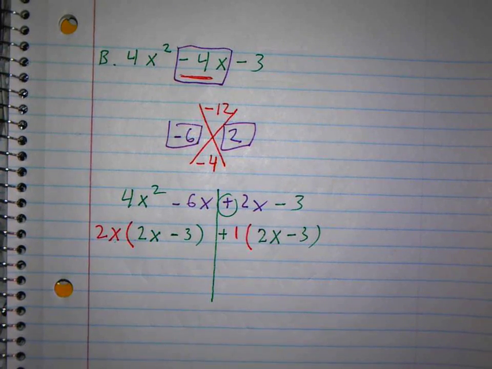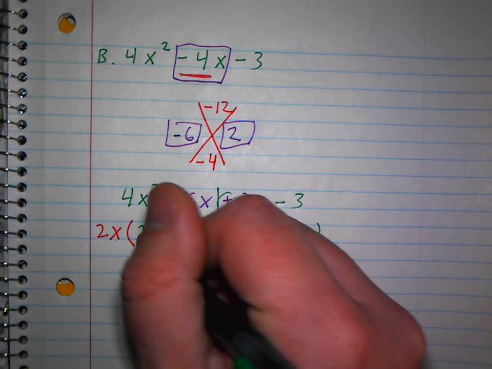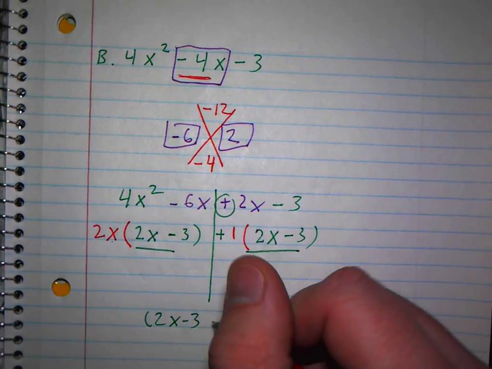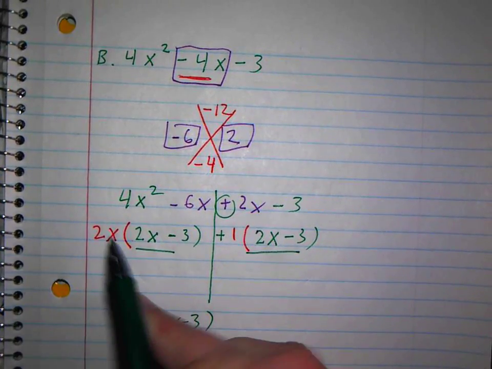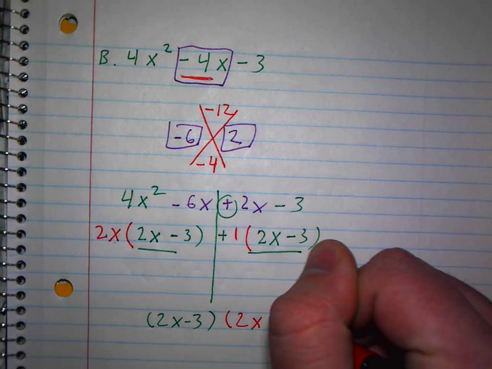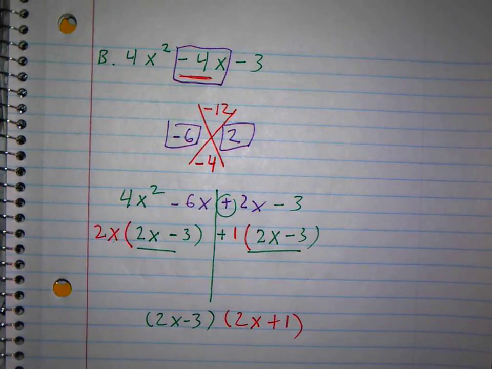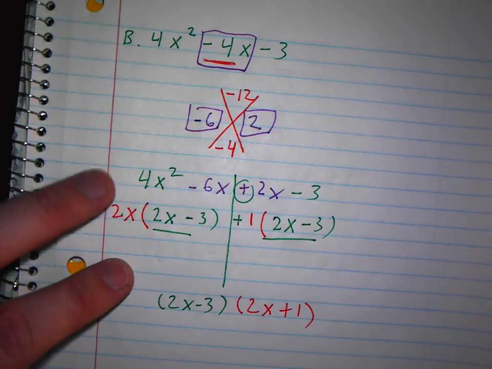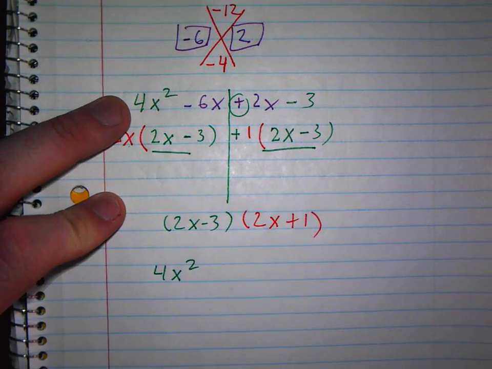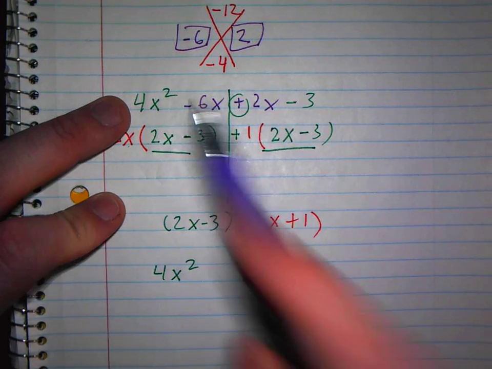And so what would my answer be? 2x. That's from here, right? And then 2x plus 1. Okay. Real fast, just to prove up here, if I wanted to, maybe you wrote 2x and then minus 6x.